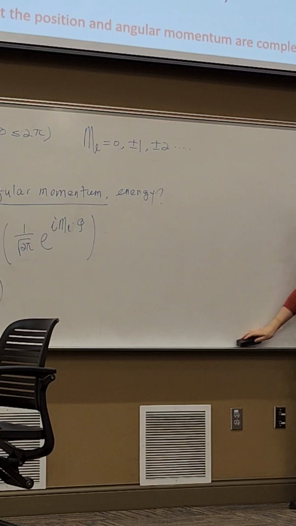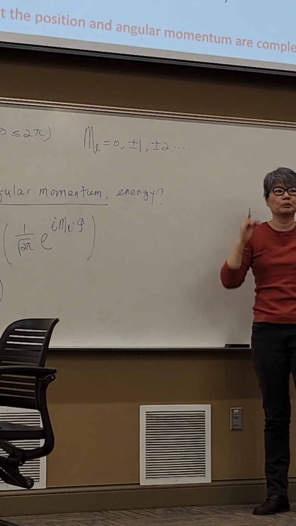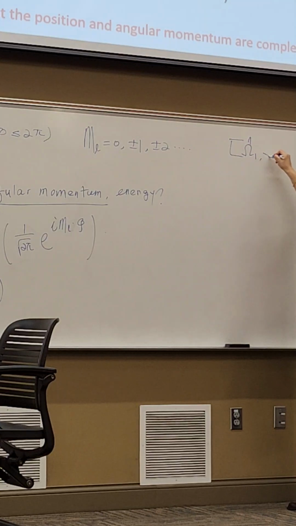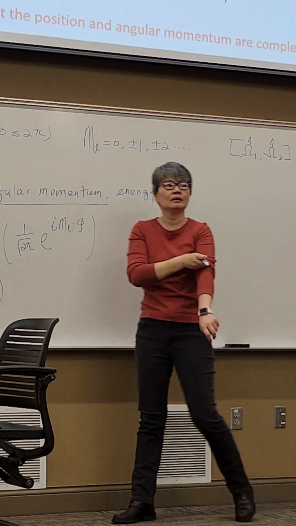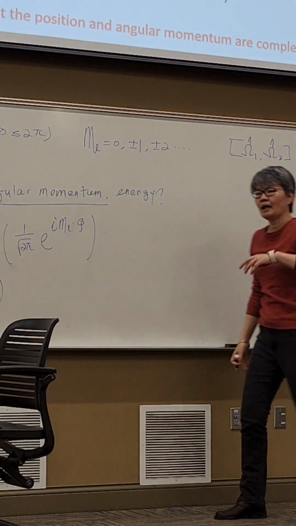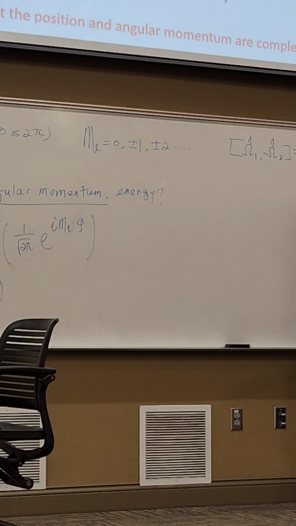We say if a pair of observables are complementary, then we evaluate the commutator operator for those two operators. If they are complementary, this value equals 0, right?